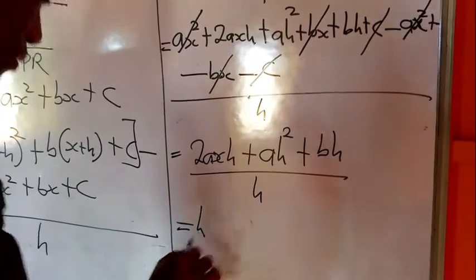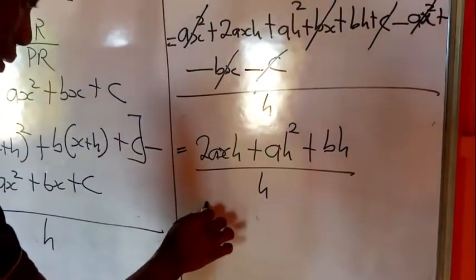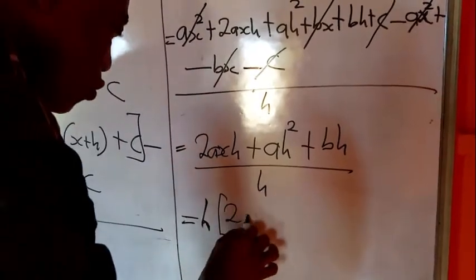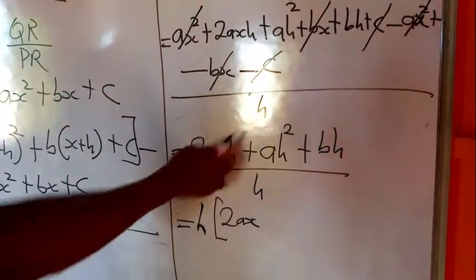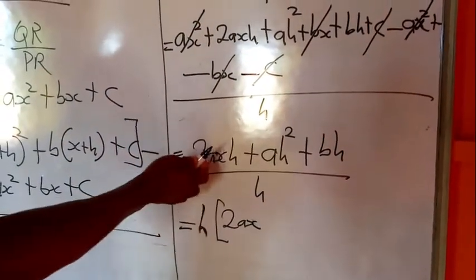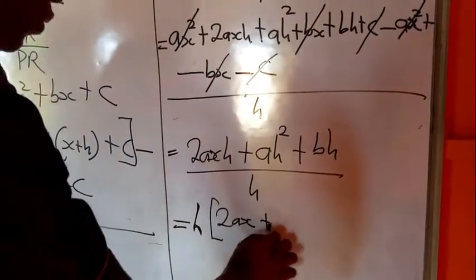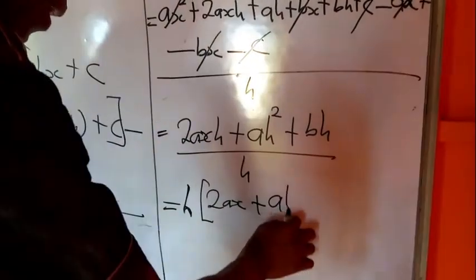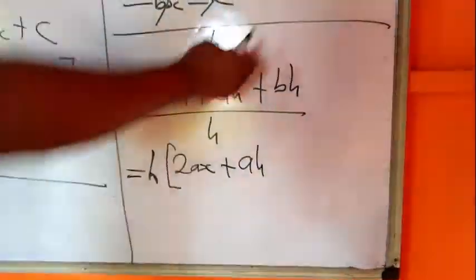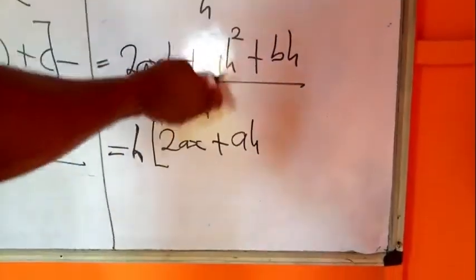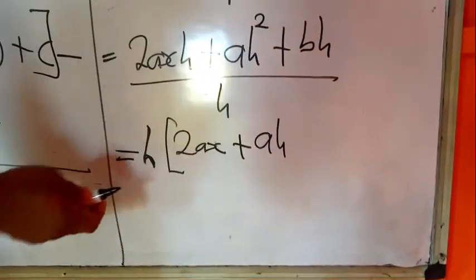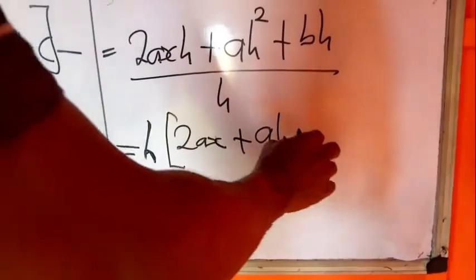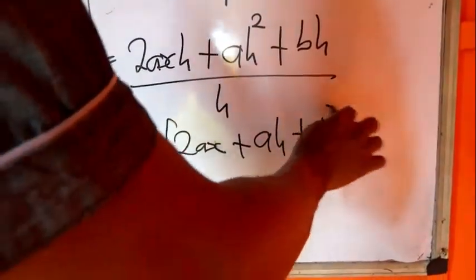So now we can bring out our h. So h will come out. Then you are going to have 2ax. h is coming out, you have 2ax. Plus, h will come out, you have ah. Look at it very well. h is coming out, so instead of having ah squared, you now have ah. h is coming out, so what you have there is b.